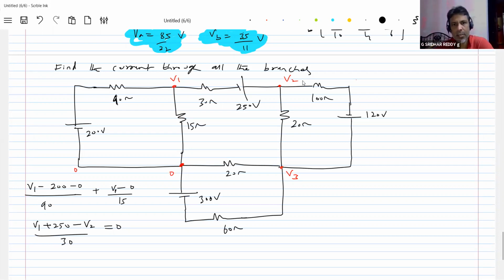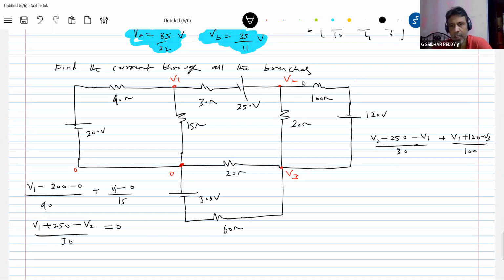I'll write down, you can focus on the solving. For V2, the equation will be V2 minus 250 minus V1 by 30 plus V2 plus 120 minus V3 by 100.